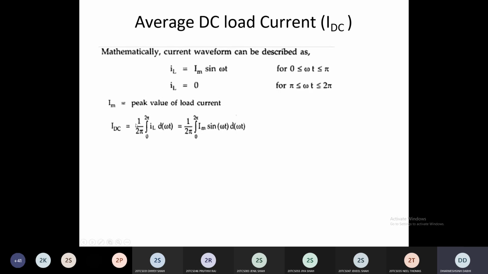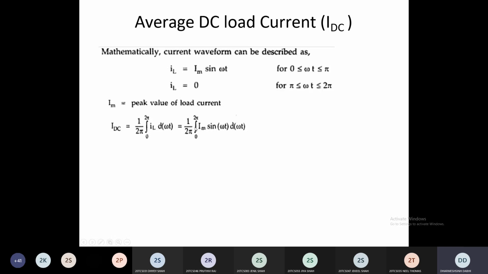So you can separate this integration into two parts: 0 to pi IL d omega t, plus the integration pi to 2 pi IL d omega t. But in this case, between pi to 2 pi your load current is 0, so there is no requirement to take the integration from pi to 2 pi.